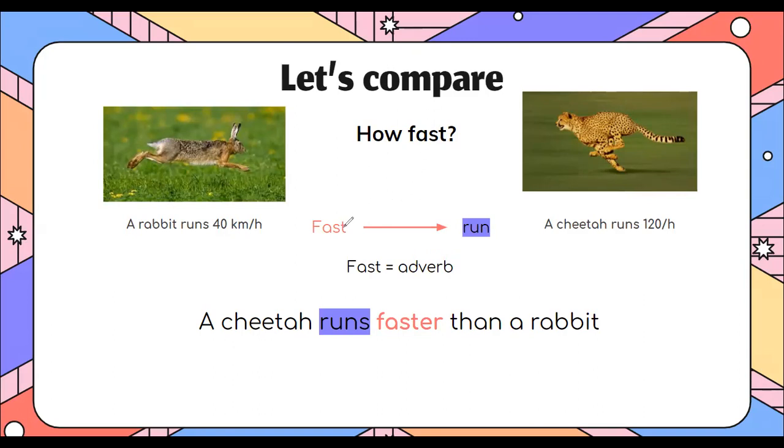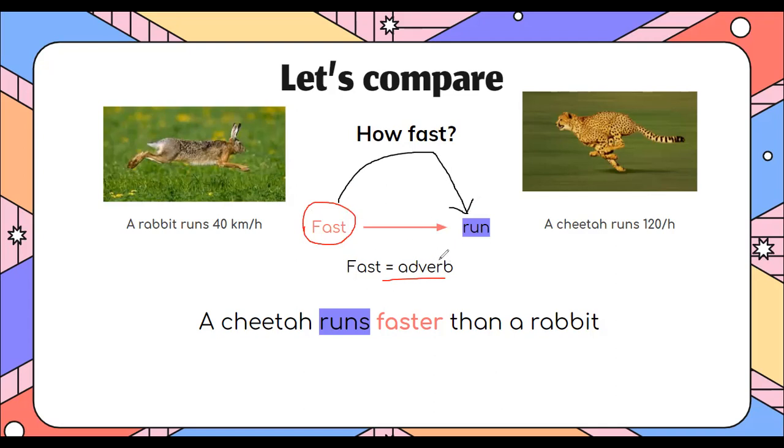But in this case, fast is also an adverb. We can say in Spanish, for example, rápidamente, and not rápido, right? This is a bit different. So I'm going to use fast to describe how these animals run.